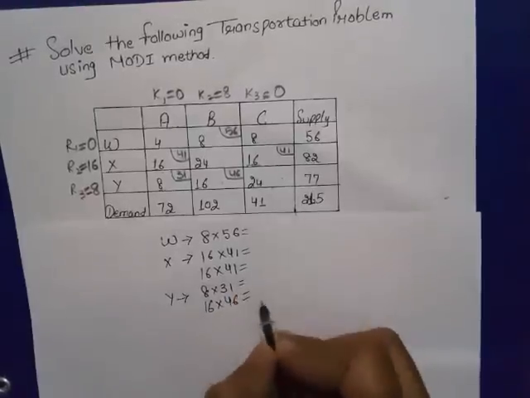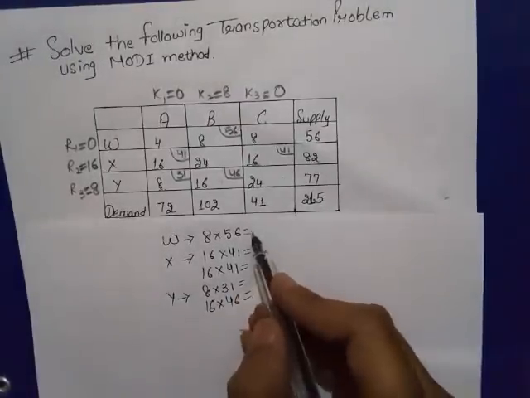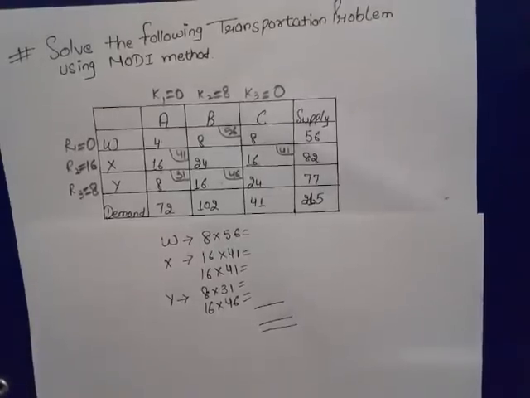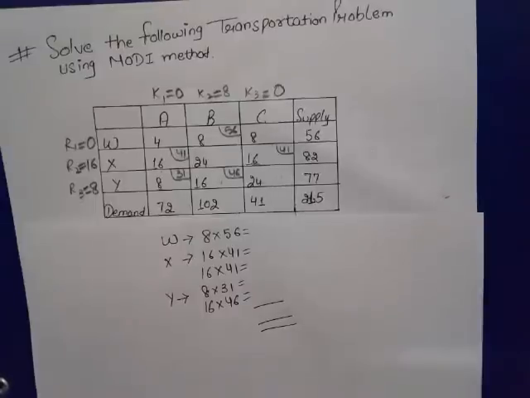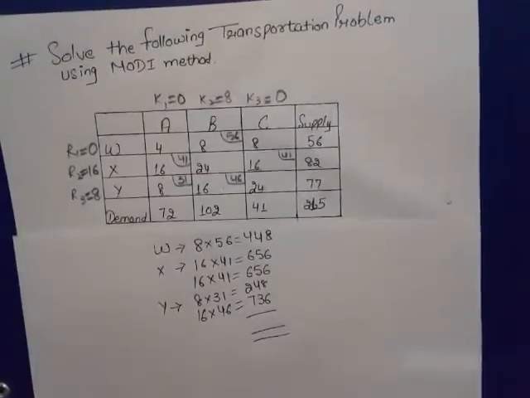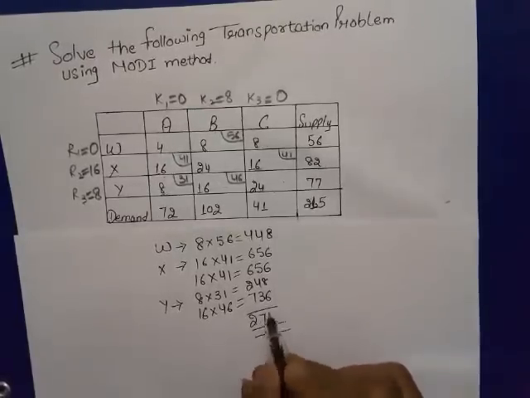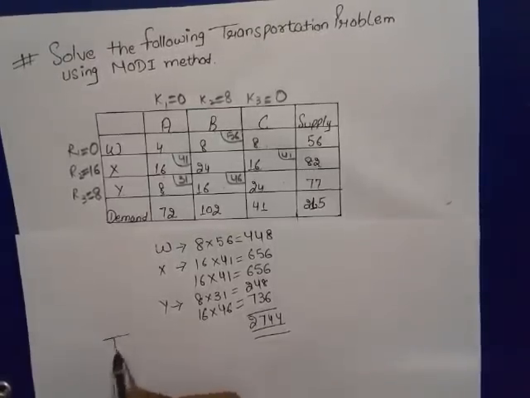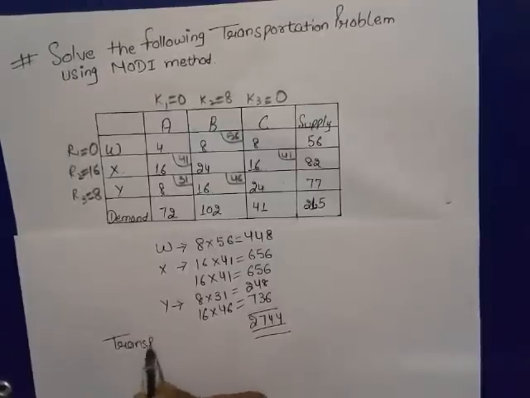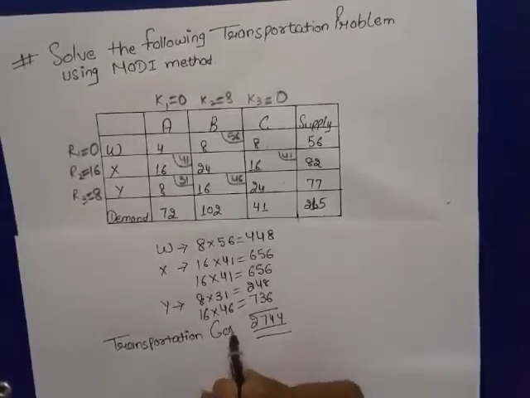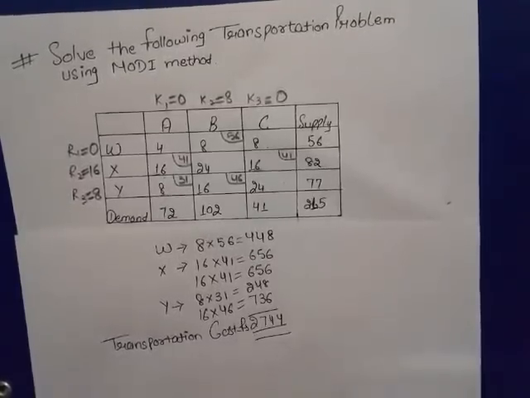We have to calculate the total cost. So 8 into 56, 16 into 41, 16 into 41, 8 into 31, 16 into 46. So after calculation the answer is 2744 rupees transportation cost.